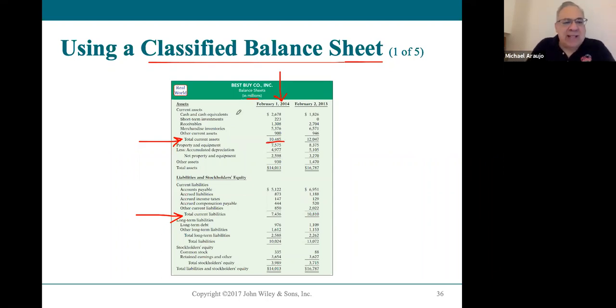Remember, current assets are listed in liquidity order, and these are liquidity ratios that we're looking at. So cash and being able to turn things into cash is an important part of liquidity. Why would they need the cash? To pay their current bills. That's why we look at current liabilities. And the current liabilities, the debts that they owe within the year, here are $7,436 million. So we need these two numbers to do our liquidity ratios.